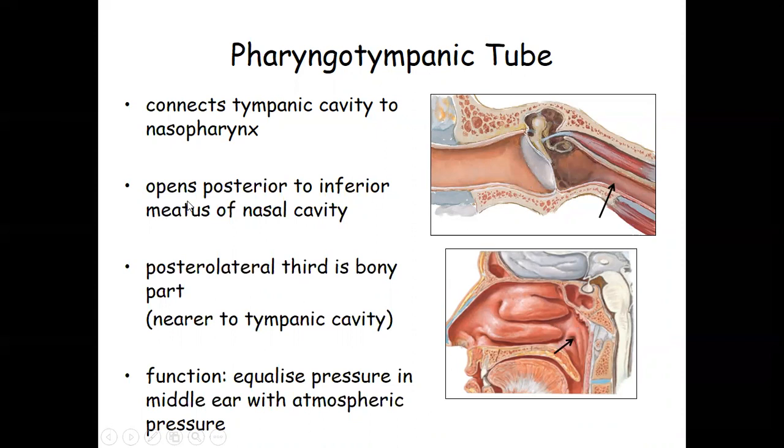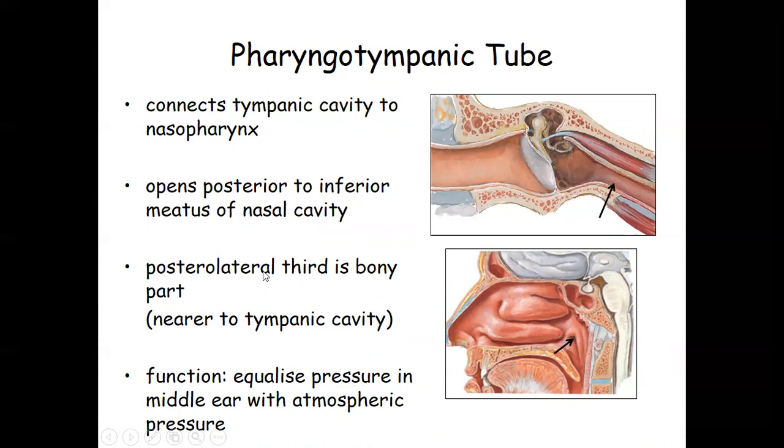It opens posterior to the inferior meatus of the nasal cavity. So you can see here, this is the opening that we have posterior to the inferior meatus of the nasal cavity. This is the opening that we have in the nasopharynx. The opening, that connection from here to here.